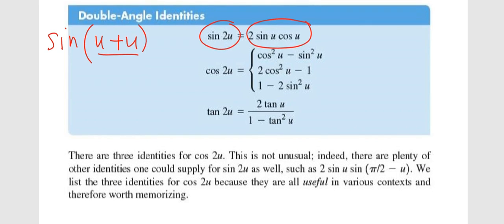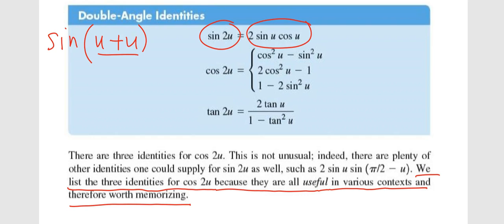Pre-orders. Woo, man. Okay, folks, now, if you look at the next one, cosine 2u, they have 3 different forms of it. I want you to look, and now I copied the paragraph below this because I had to, folks. We list the 3 identities for cosine 2u because they are all useful in various contexts and therefore worth memorizing. I cracked up laughing when I saw that.